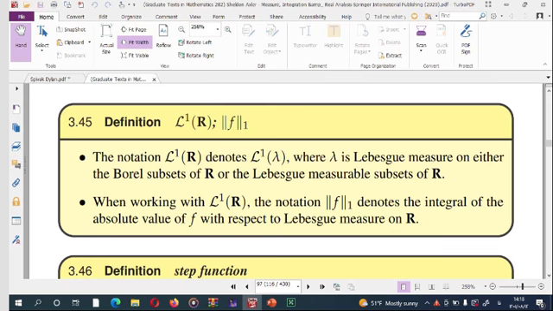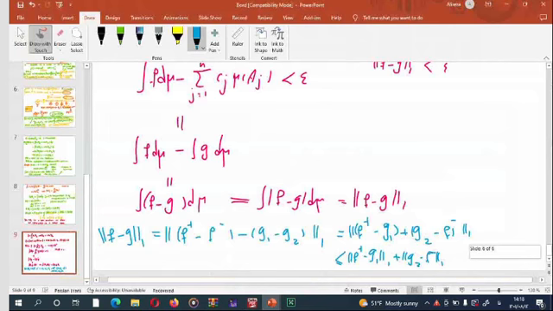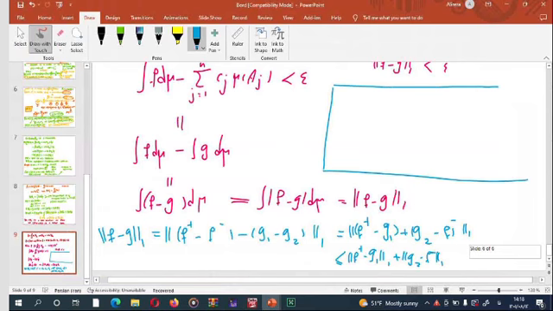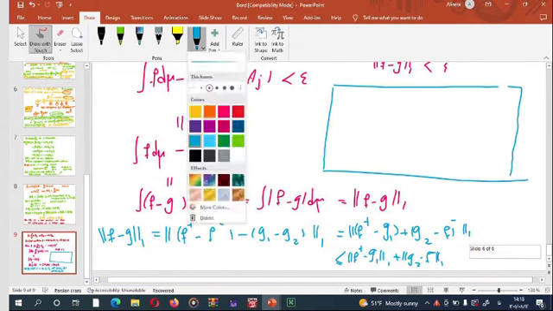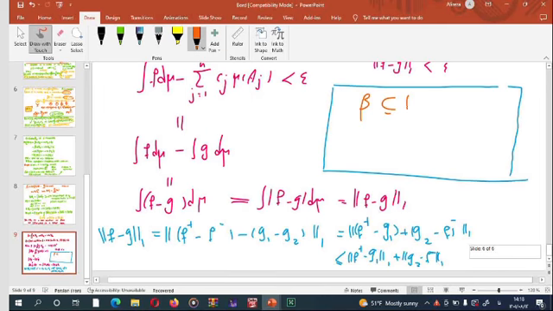You know that we have two sigma algebras on subsets of R, Borel and Lebesgue, and the Borel sets are a subset of the Lebesgue sets.